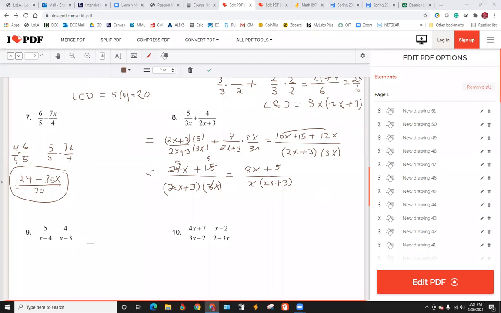Where did you get the 24x? Well, let's see. Did I make a mistake somewhere? Oh, it's 22. I'm sorry. Well, that's a good thing to ask. 10x plus 12x is 22x. Sorry. So then that means there's nothing else to do on this one.